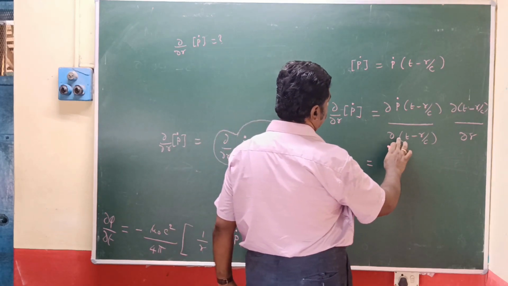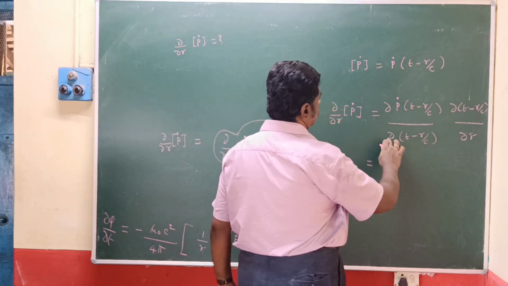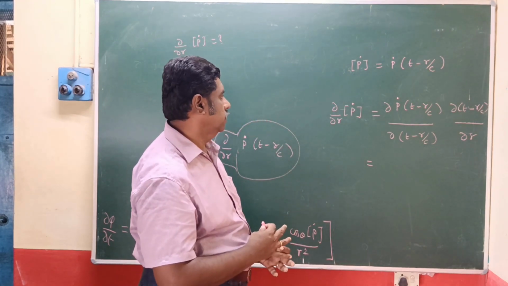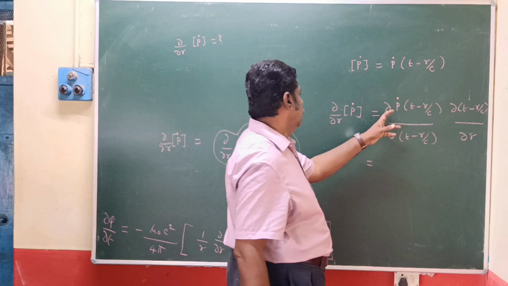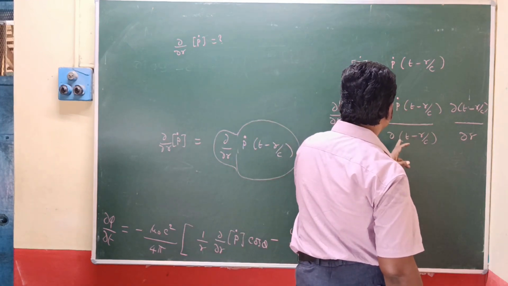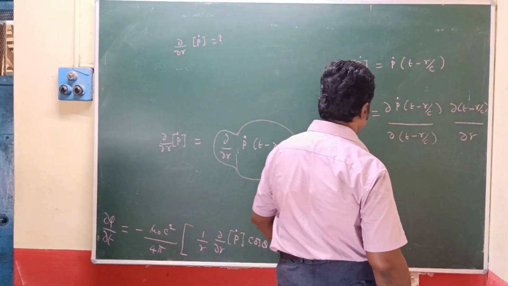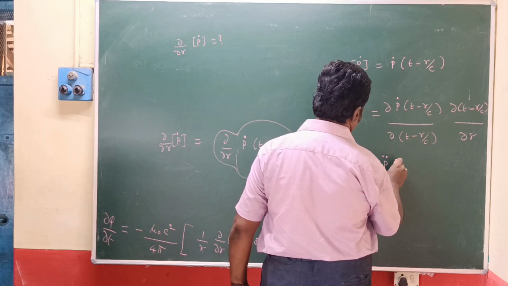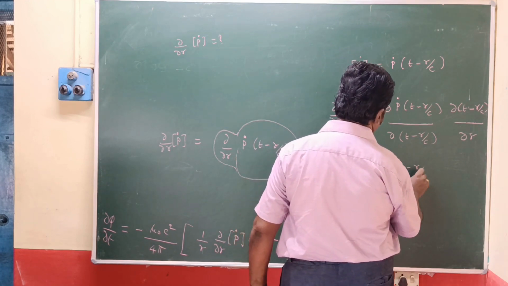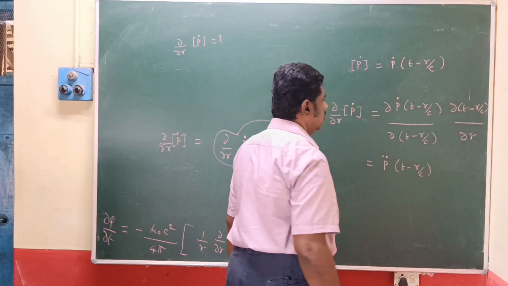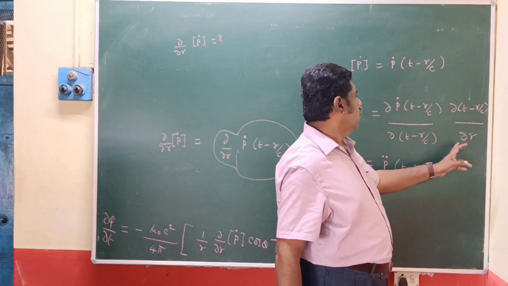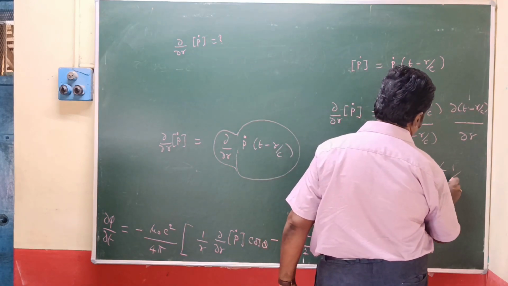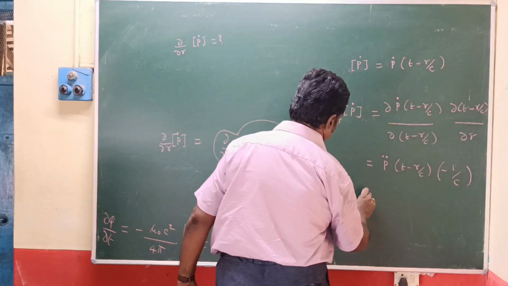If you assume this t − r/c is t', then ∂p dot divided by ∂t is p double dot. So this is p double dot of (t − r/c). Then ∂/∂r of (t − r/c) is −1/c.